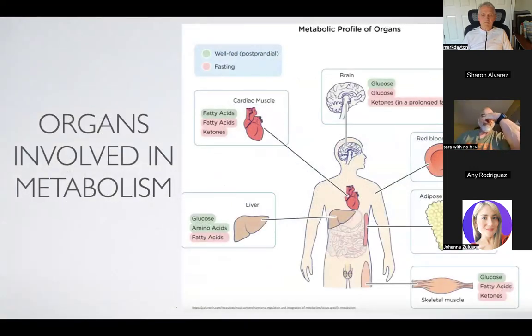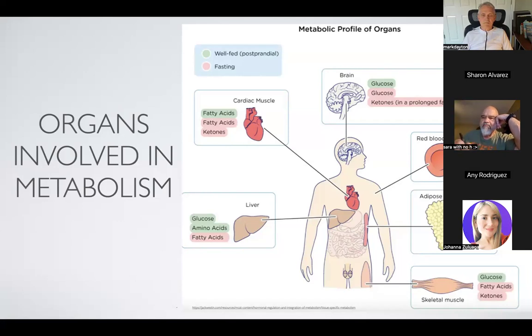The organs involved in our metabolism. You can see cardio, that's going to be our heart, of course, and then the metabolism is really the liver. Those are the two big guys, especially the liver. But others that we might not always think about that are also involved here is the brain. The next here, red blood cells, this is our transporter of our cholesterol and these sorts of things.